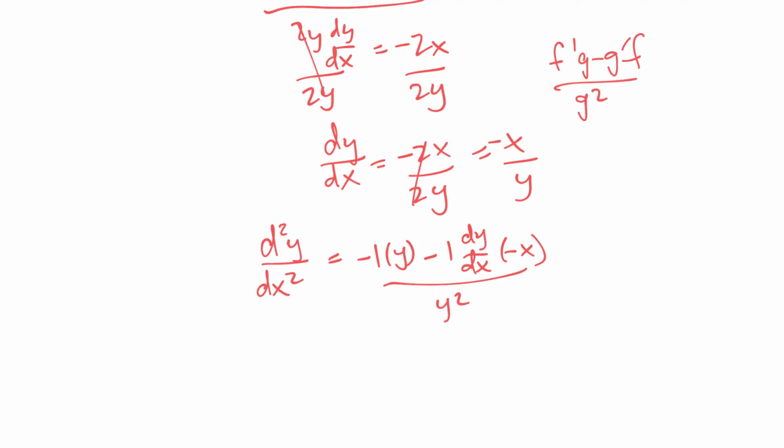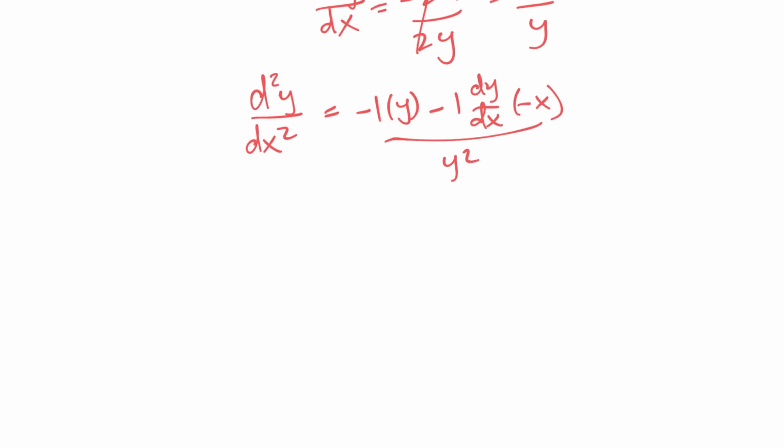All right, this is a little bit of a mess, so let's clean this up. This would be negative y. Negative times negative is positive. x dy dx all over y squared.